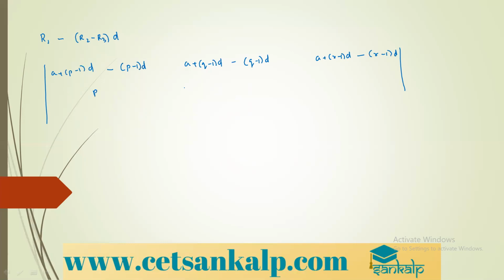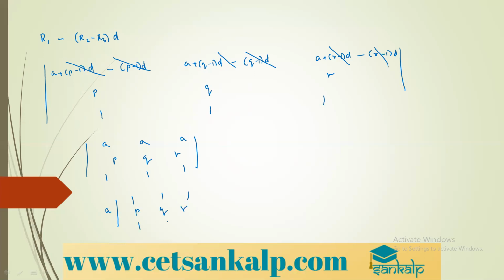Then as usual, I have P, Q, R, 1, 1, 1. So I can cancel these terms, and then I will be getting a, a, a; P, Q, R; 1, 1, 1. Because when I pull out a, 1, 1, 1 and P, Q, R, 1, 1, 1, two rows are same, so the determinant will be 0.